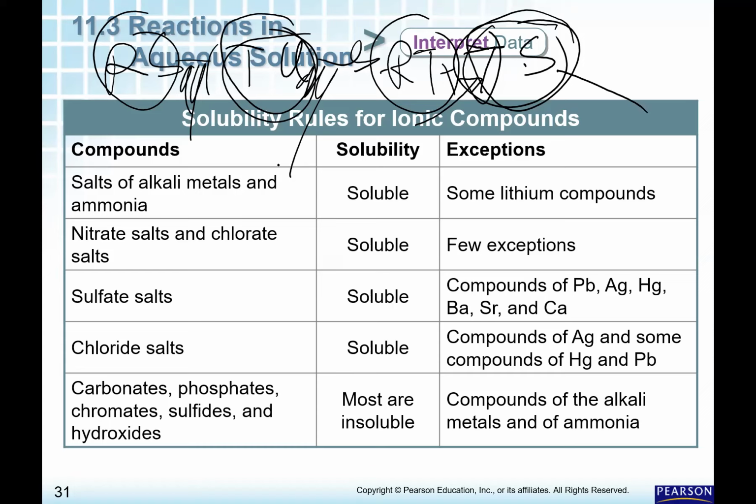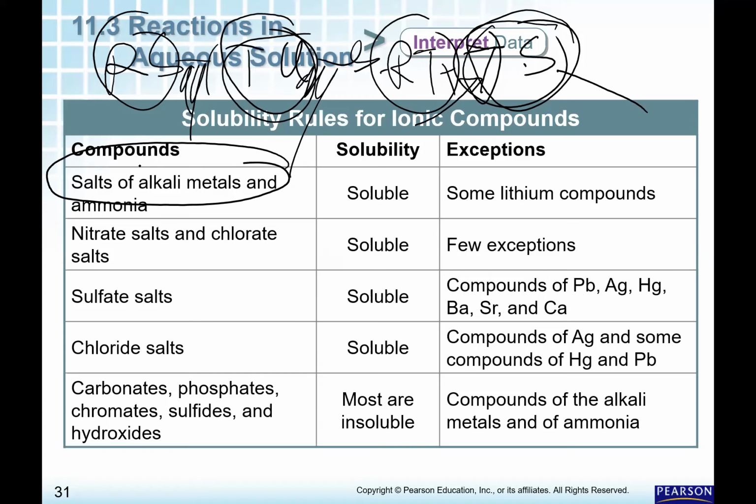For the cations, if it is from group 1A or ammonium, then it is soluble. So anytime you have a cation like potassium, lithium, sodium, cesium, all of these in the first group, they will be soluble. And if it is ammonium, NH4 plus, then it is soluble.